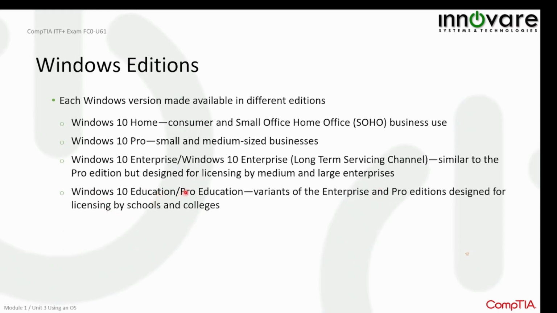So maybe the question for you is, why are there so many versions and editions? The answer is that the functionality of the operating system doesn't have to be present on all computers. For example, the networking functionality, for Pro or Education, you don't need that on the Home version. Because if you put all those features in the same edition, it will use a lot of computer resources.